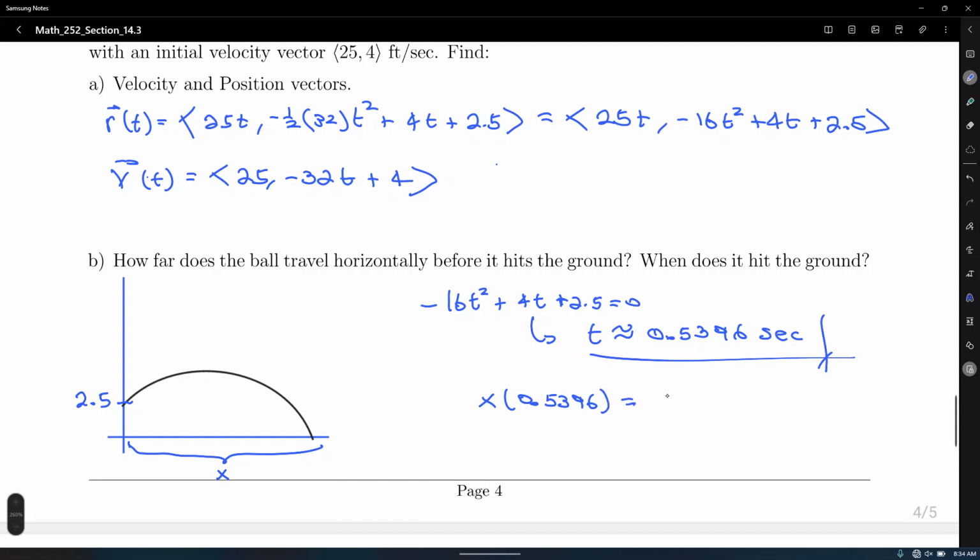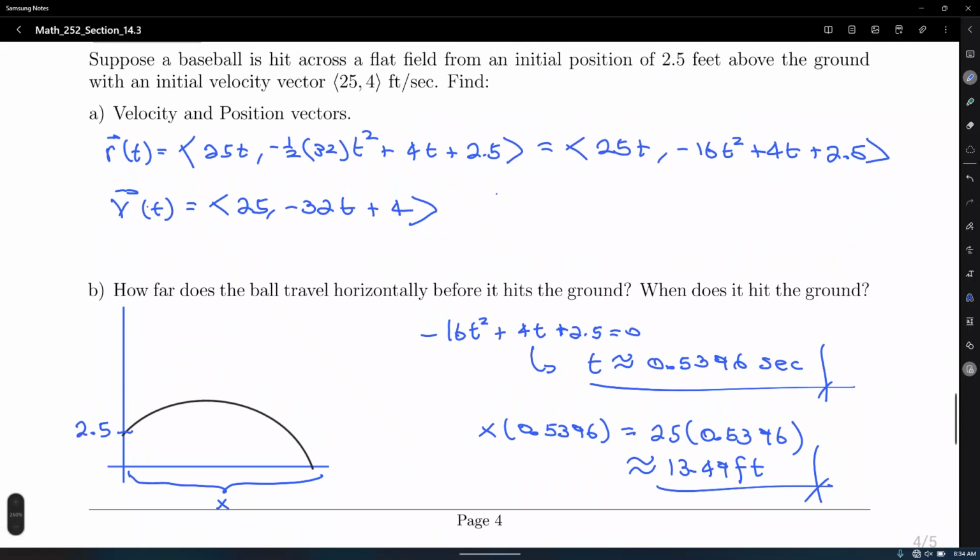That is equal to 25 times 0.5396, which is approximately 13.49 feet. This is very formulaic and mostly calculator. Maybe the trickiest part of a problem like this is that the position was given as a scalar, but we need to make sure we get everything in vector form, because these are vector valued functions.